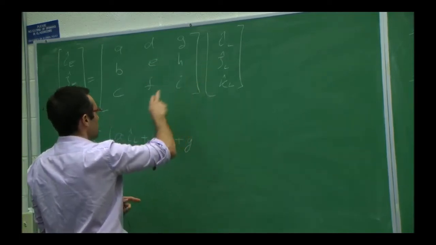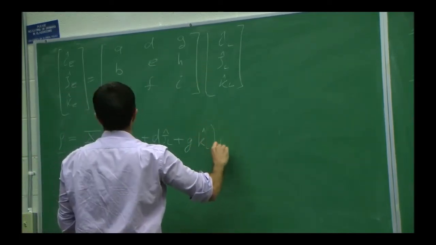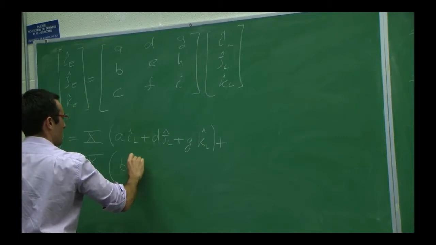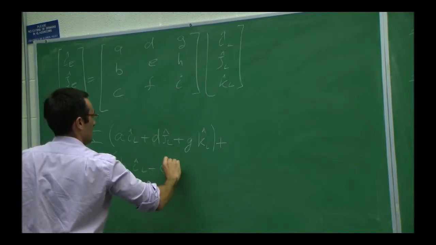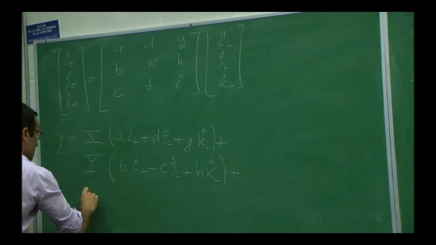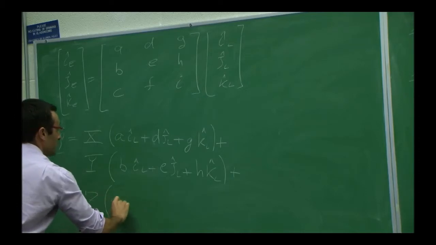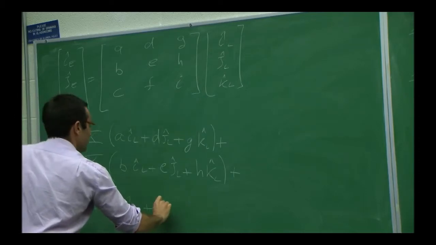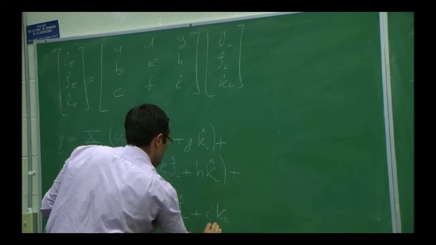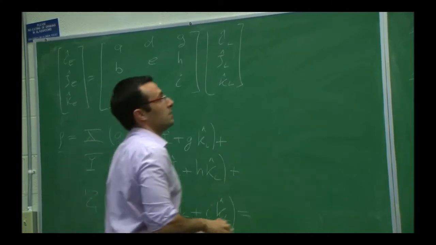Plus G, K, L. Then same thing with Y, but I have B, I, L plus E, J, L plus H, K, L, plus, last one, Z. Here I have C, I, L plus F, J, L plus I, K, L. And I'm going to reorganize this, collecting all the i's, the j's, and the k's.